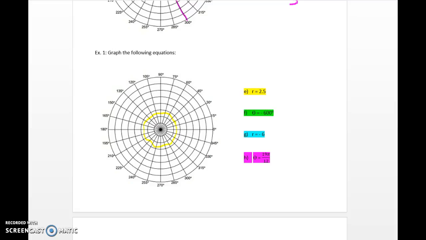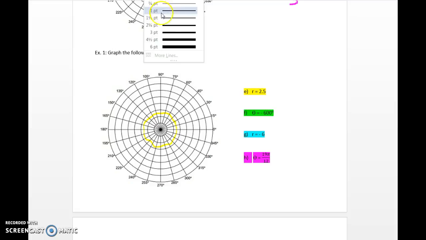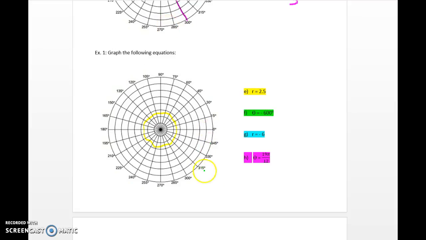B or F, theta equals negative 600 degrees. So negative 600 degrees is going to be positive 120 degrees. And theta is a line, so it's going to come out, keep going straight all the way through.